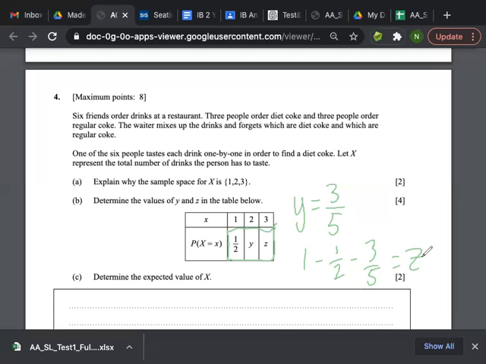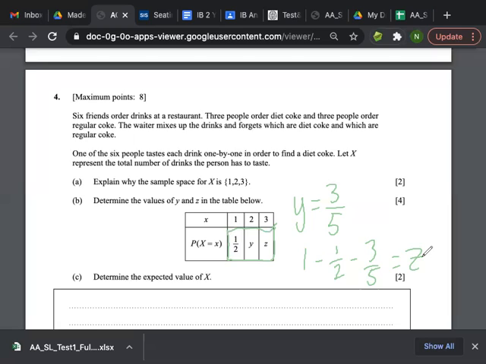Good help for you guys. My answer key. What? Why is that? I'm so crazy, okay.